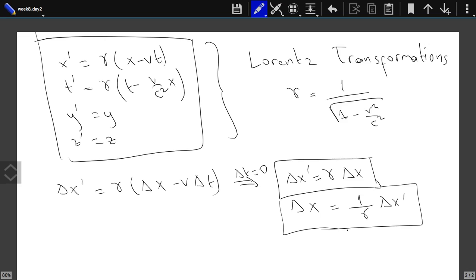So that is why I take delta t equal to 0. Yeah, Lorentz contraction. We derived the Lorentz transformation using Lorentz contraction, so it's not a surprise that it is already incorporated in the Lorentz transformations.